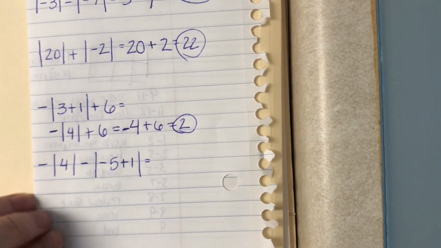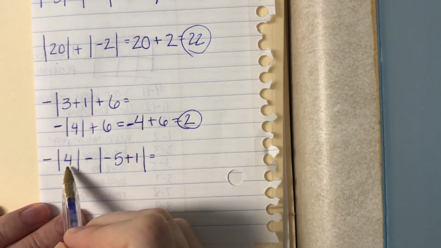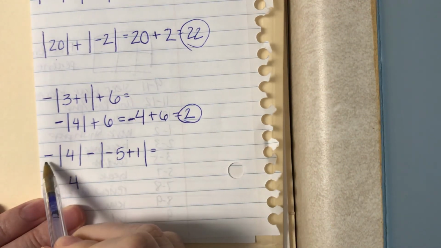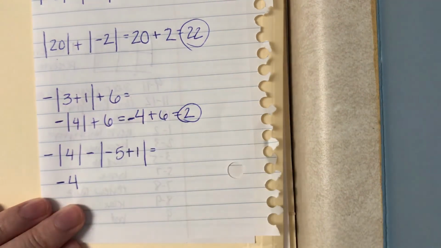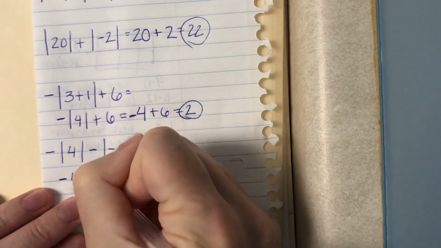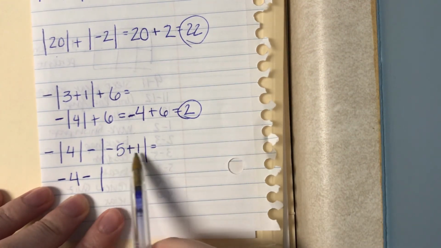All right, last one here. So absolute value of 4 is 4. And then this negative sign is on the outside of my absolute value, so I'm just going to write that down. It doesn't go away. And this minus sign I can bring down. Okay, and then here I have the absolute value of negative 5 plus 1.